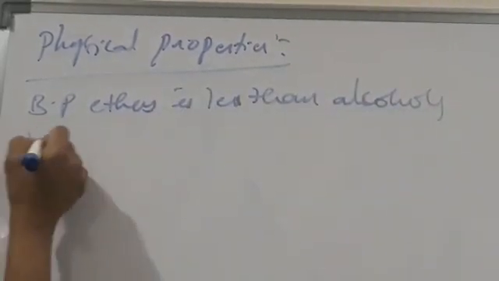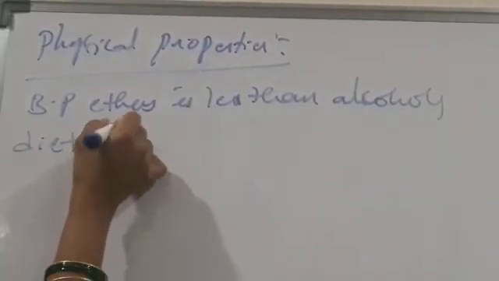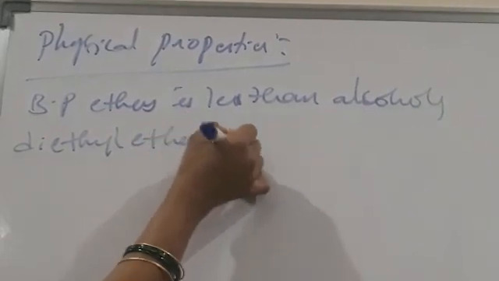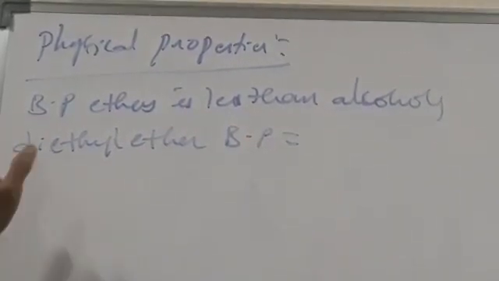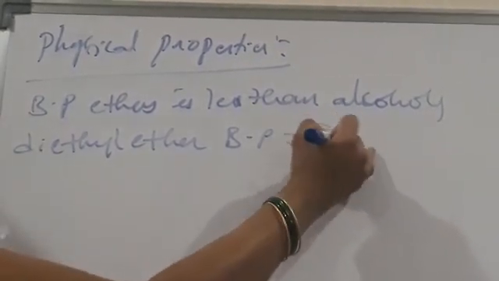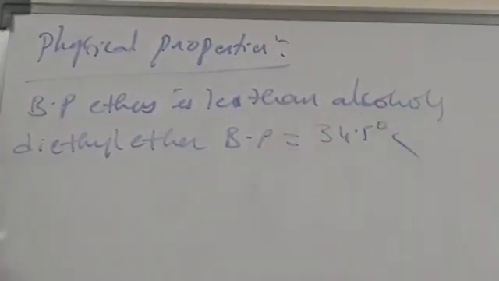For example, diethyl ether, boiling point. So boiling point of diethyl ether is 34.5 degrees centigrade. Then boiling point of alcohol, ethyl alcohol, is 78.2 degrees centigrade.